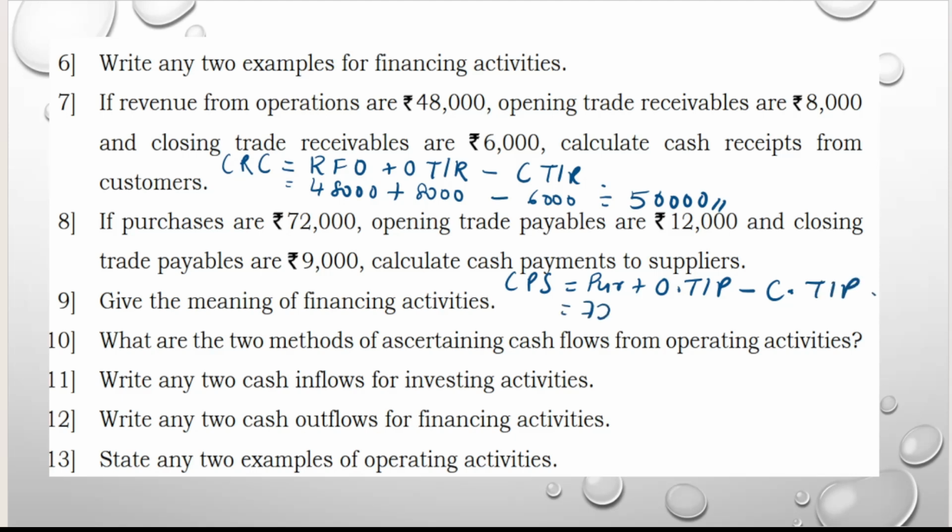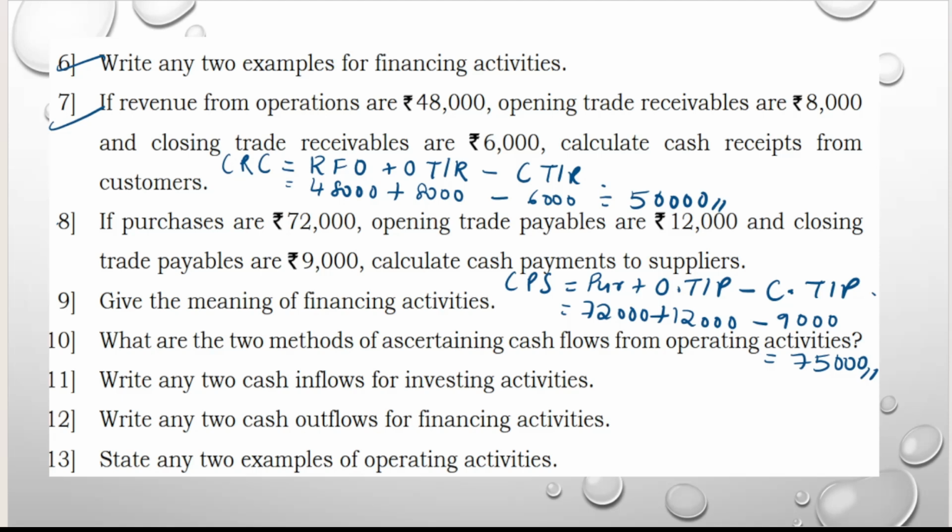Purchases is 72,000 plus opening trade payables is 12,000 minus closing trade payables is 9,000. So 72,000 plus 12,000 is 84,000, 84,000 minus 9,000 is 75,000. Answer is 75,000.